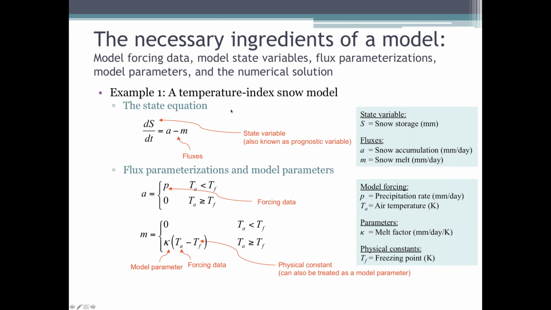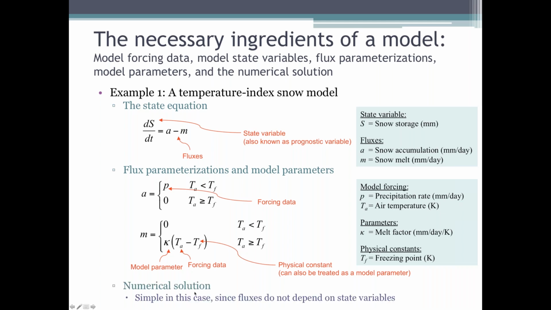This type of analysis is quite easy to do for this model. It is a lot harder to do for a more complicated model, but if you are trying to detect a problem in your model, taking the time to write down what are all the state variables, what are all the fluxes, how are they parameterized, where did it come from, can really help you detect where an error might come from. So it's often worth just going to the drawing board and drawing out what are all the pieces of my model.